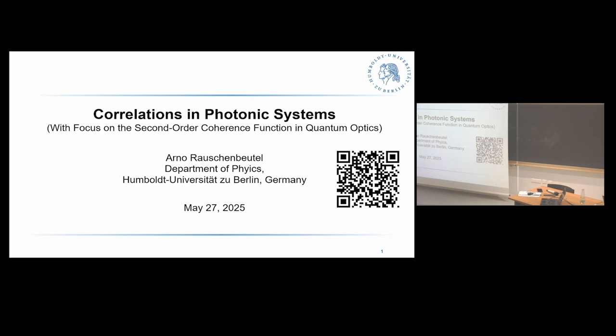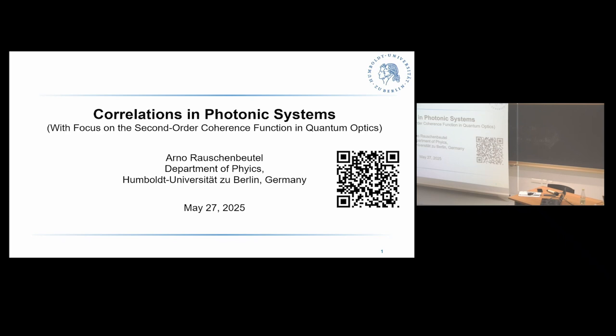Now, just a few examples for this function here. It allows us to quantify the photon statistics, and for example, if we deal with coherent light, then we have a g2 function at tau equals 0, of tau actually, which is 1.